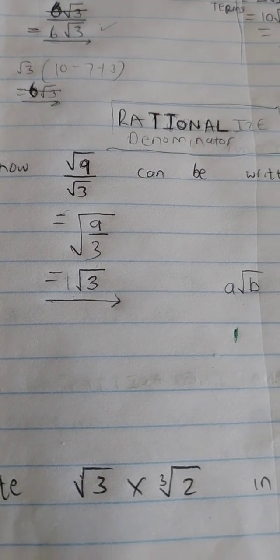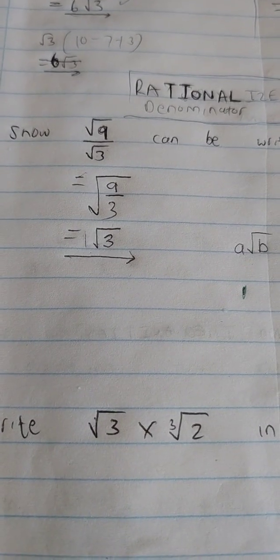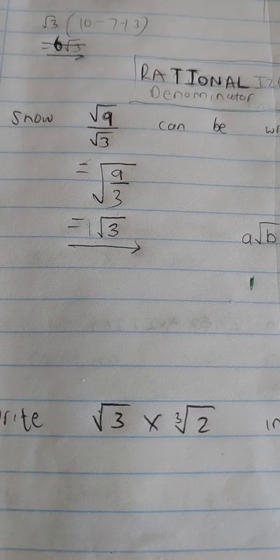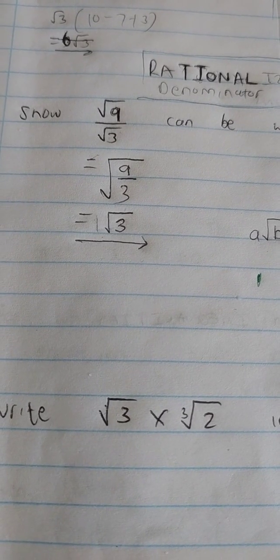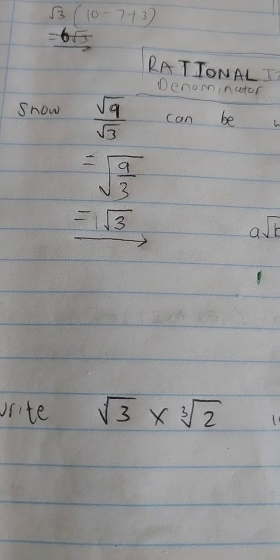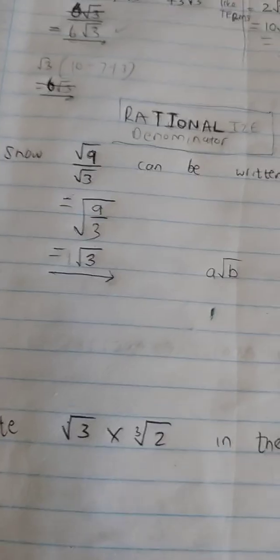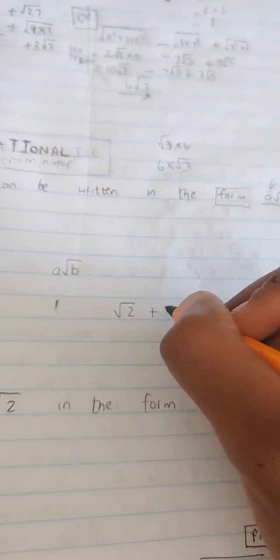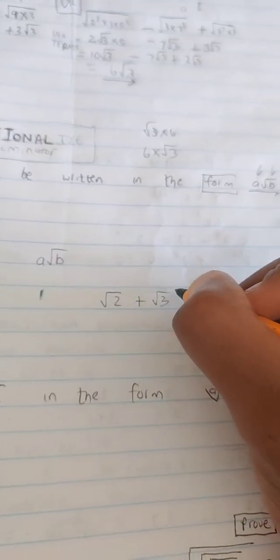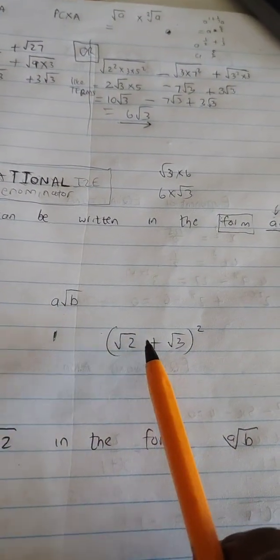Right, so please guys, will squaring 2 roots that are separate in a bracket cancel the root? Example, the square root of 2 plus the square root of 3. Okay, Tochi, very good question.